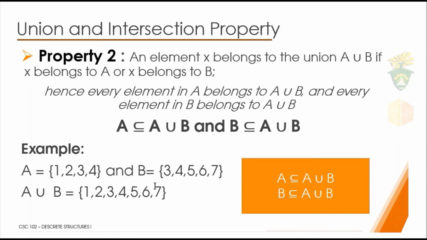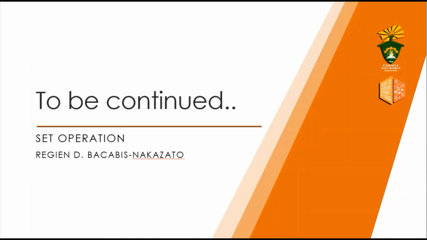Okay, so this is just common sense, no? But sometimes people forget the property. So it is important to keep that in mind, especially when you are faced with problems such as proving and other stuff. Okay? So that is all for the union and intersection set operation.